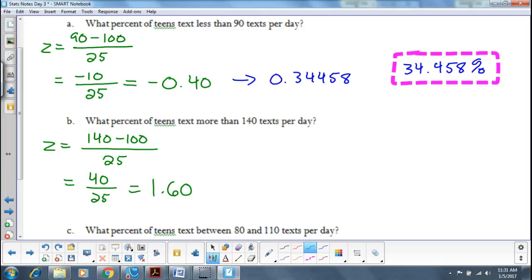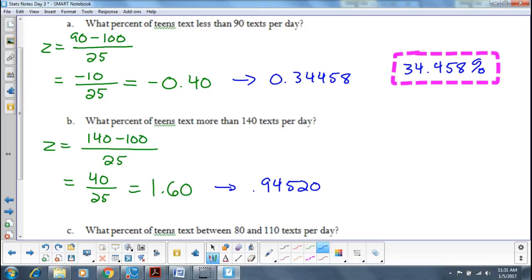So I look on the positive side now. 1.60 tells me that 0.94520 is below that, but I want above that.